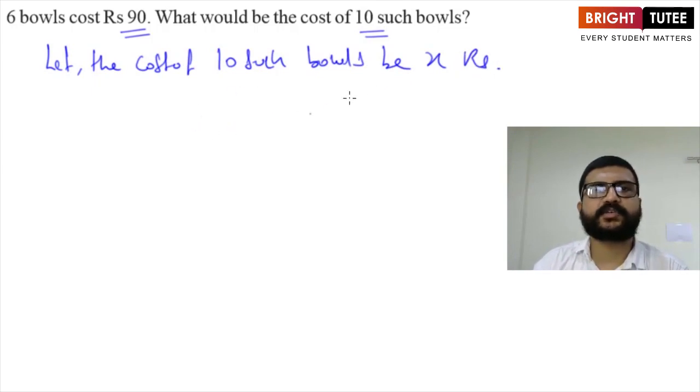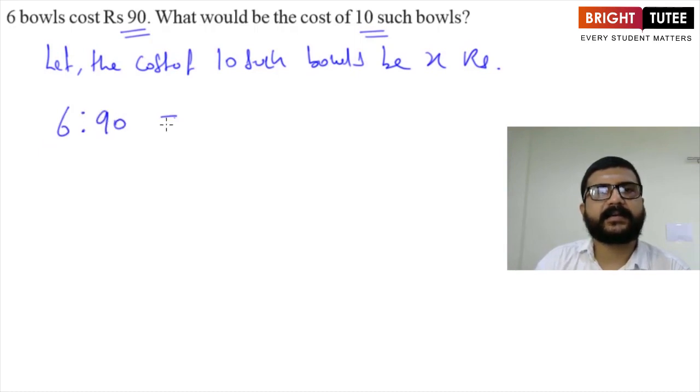Now which ratio should be equal to which ratio? We can take the ratio as 6 is to 90 should be equal to 10 is to x. So let's write it. 6 is to 90 should be equal to 10 is to x.